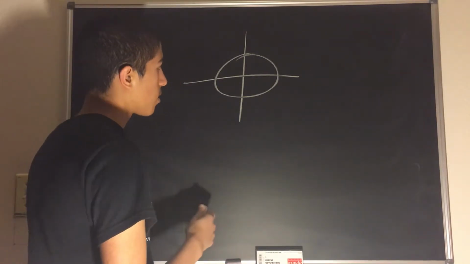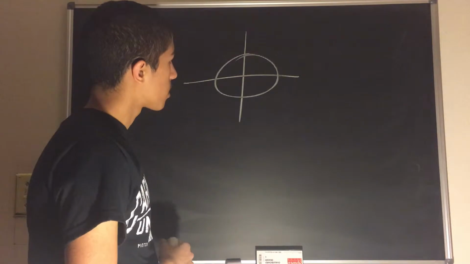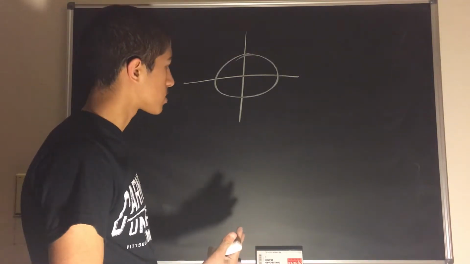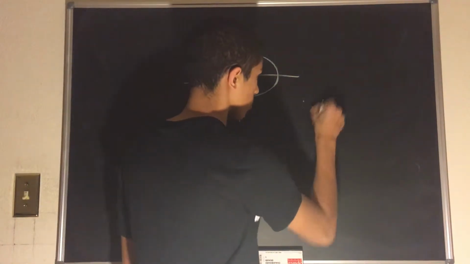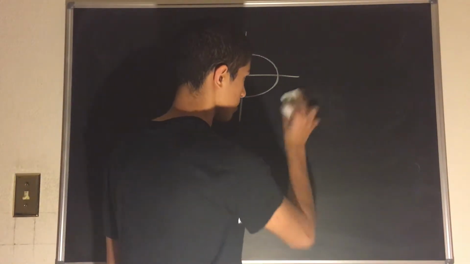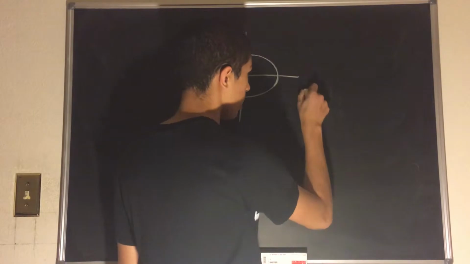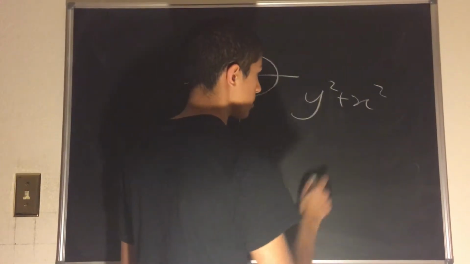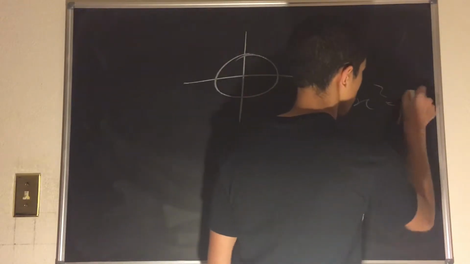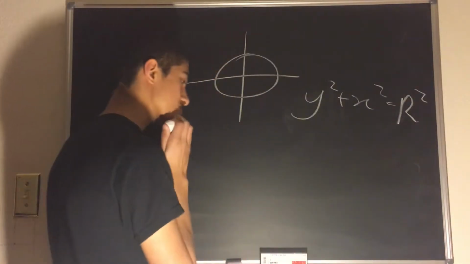So let's begin. What's the equation defining a circle in the Cartesian coordinate plane? Well, we know the circle as y squared plus x squared is equal to r squared.